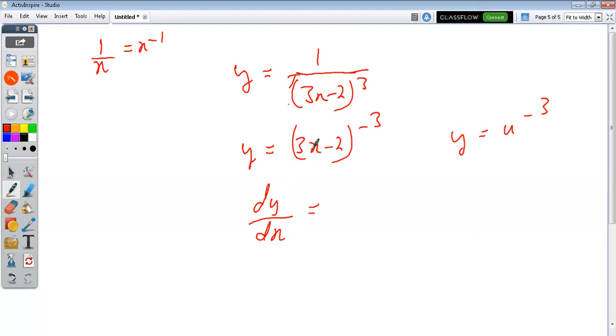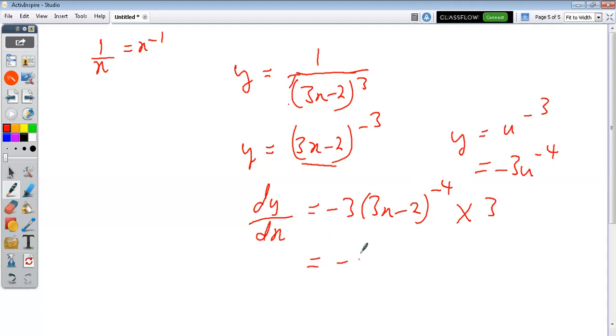In your head, this is u here. So that gives you negative 3 u to the power of subtract 1, negative 4. So that's minus 3 (3x minus 2) to the power of negative 4, but multiply by the differential. Differential of negative 2 is 0. Differential of 3x is 3. So that times that gives you minus 9 (3x minus 2) to the power of negative 4.